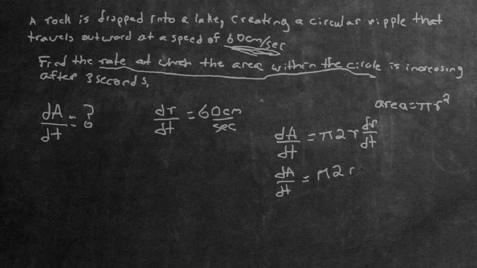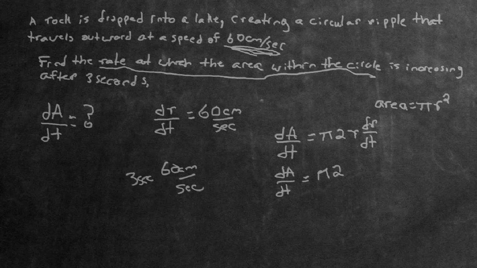Well, actually, if we go back, what is the r value? Because we know that the dr/dt value is 60 centimeters a second. Well, what's the radius at 3 seconds? Well, we know that the rate is 60 centimeters a second, correct? And we want to know what it is at particularly 3 seconds. That's just going to be 180 centimeters.